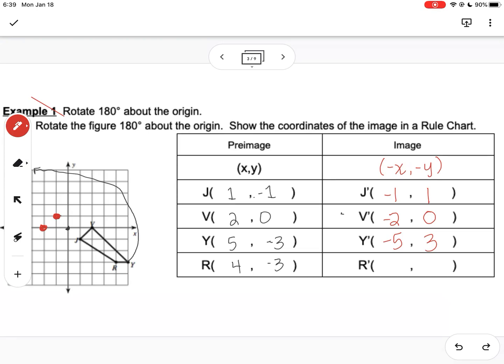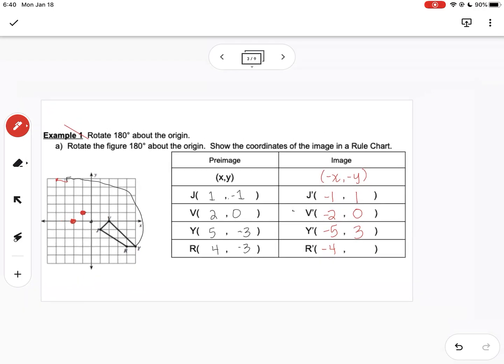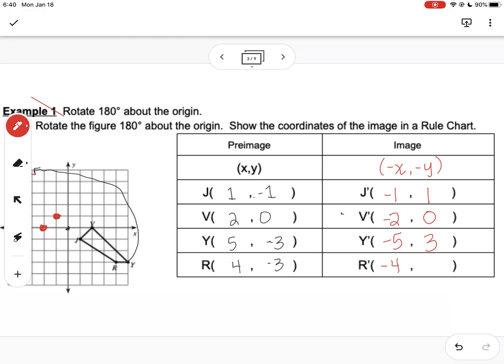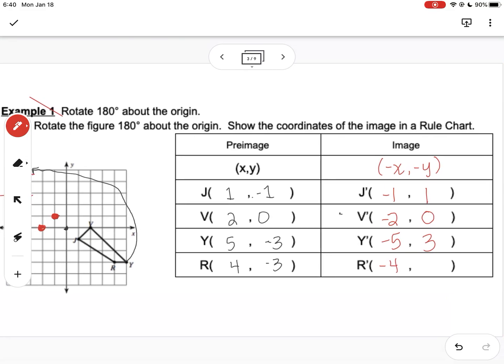All right, and finally, point R: the opposite of 4 is -4, and the opposite of -3 is +3. So -4, +3, also going to be behind that toolbar. About right here.